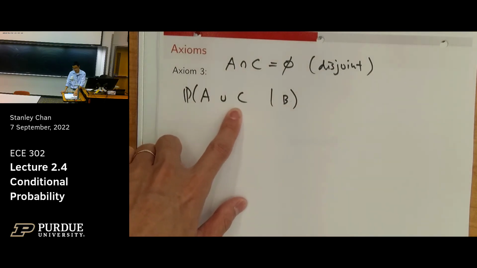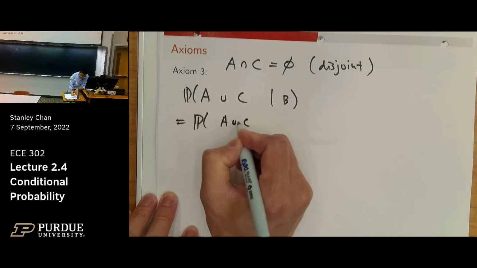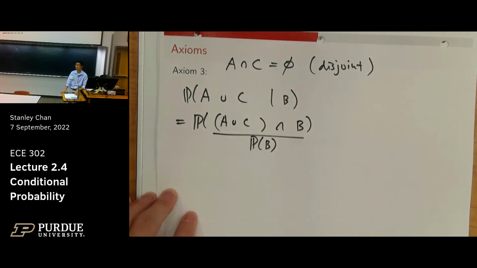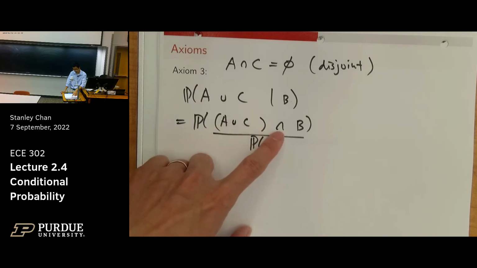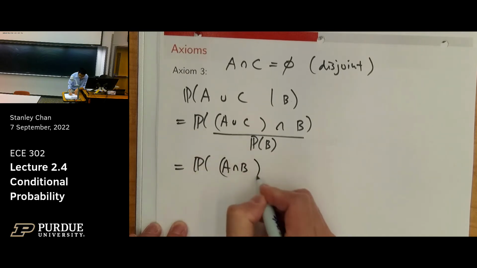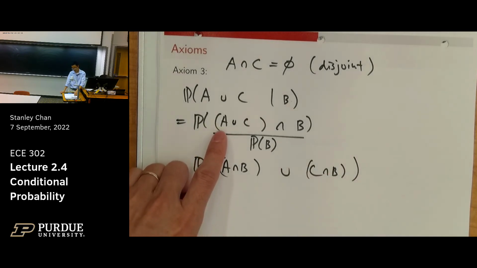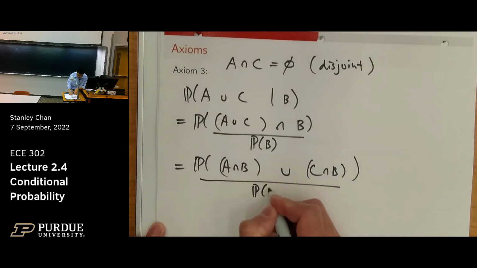Then A union C given B is the probability of A union C intersecting with B, divided by the probability of B. Now I have this operation of A union C in a bracket, and then I intersect with B, but I can also use the set operation to do the following. I take this A union C intersect B, and I can split it into A intersect B and C intersect B with the union sitting inside. That's called the distributive law. And then you have the probability of B.